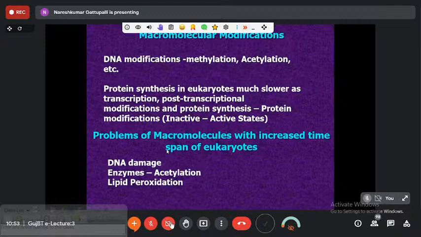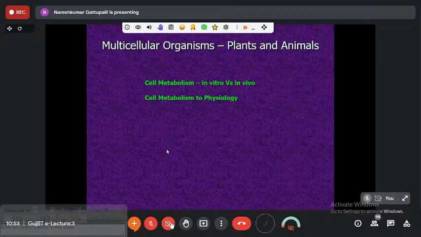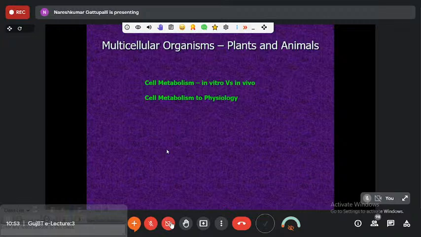If you look at the eukaryotic cell, each cell is part of a multicellular organism. It's a complex system. The majority of the information we have comes from in vitro studies, but we realize in vitro studies may not correspond to in vivo, because the context is different.